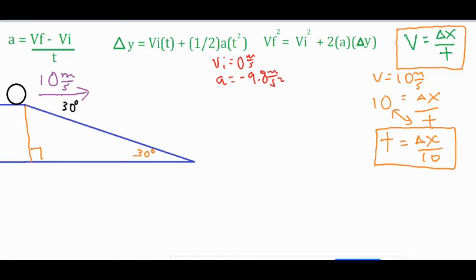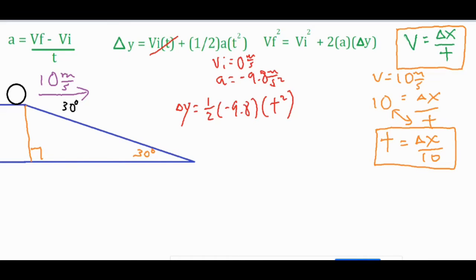Now, we're going to use this second formula over here and plug in some values, and we would have delta y equals v initial times t, which is going to be 0. So actually, we don't even need that whole beginning part, plus 1/2 times negative 9.8, and then t squared.